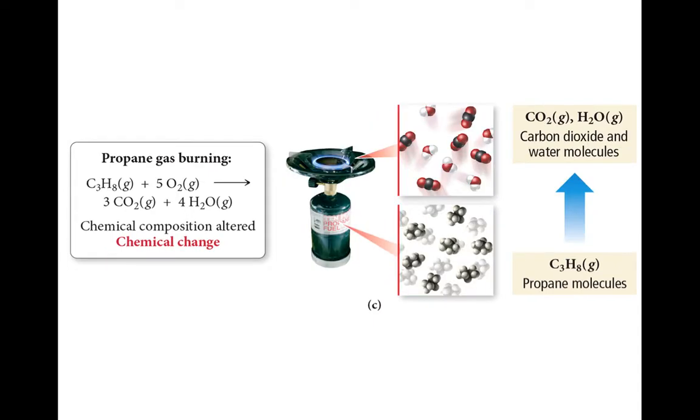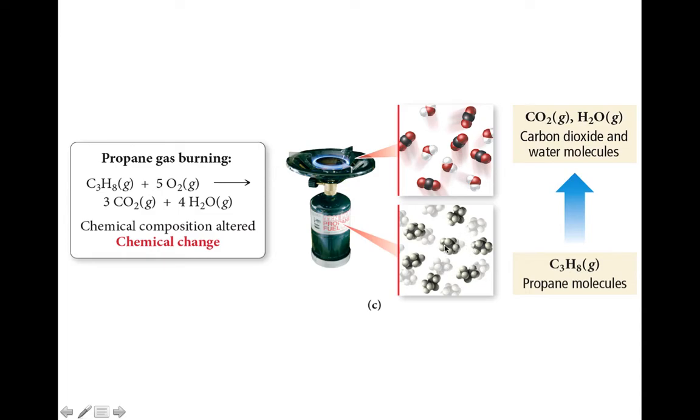All right. What about propane gas burning? So here you've got a little camping stove, a propane stove, and you have propane in there, and it's combining with oxygen to make carbon dioxide and water. Right? Can you see that here are your propane molecules?